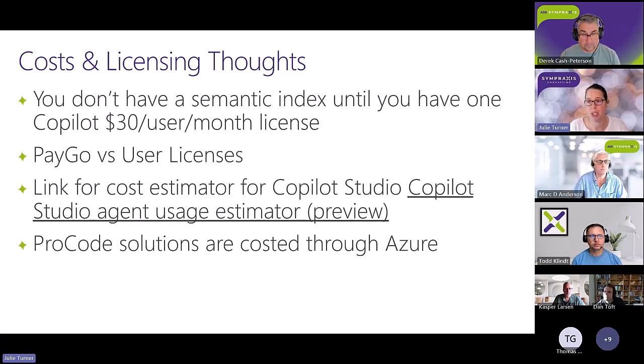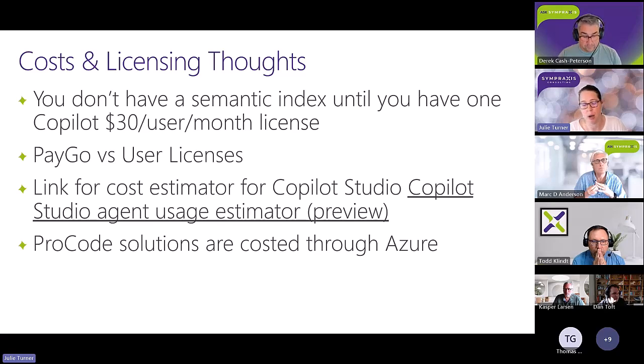None of the declarative agents or the custom engine agents get charged on that pay-go model or a per user basis, but you do again need one Copilot per user license to initiate that semantic index. So it's good to understand all that.